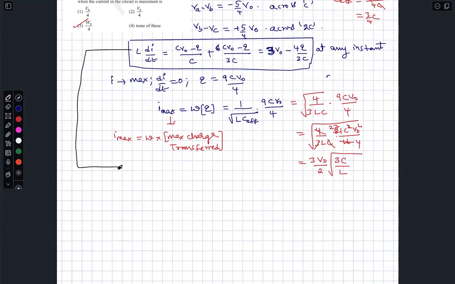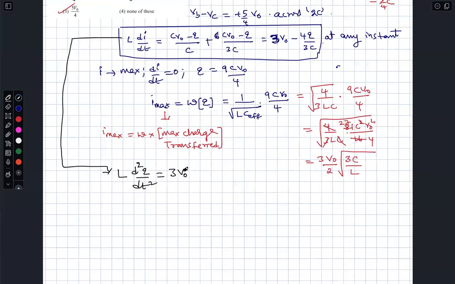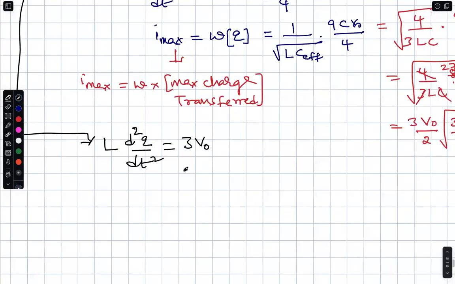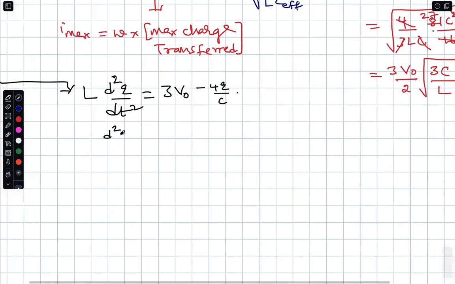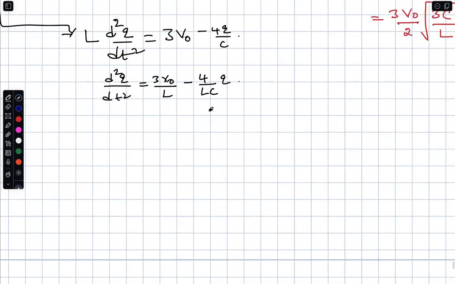So I can write L d square q by dt square is equal to 3v naught minus 4q by 3C. Now you write this as d square q by dt square is equal to 3v naught by L minus 4 by 3LC times Q. I need to set this into our standard form.